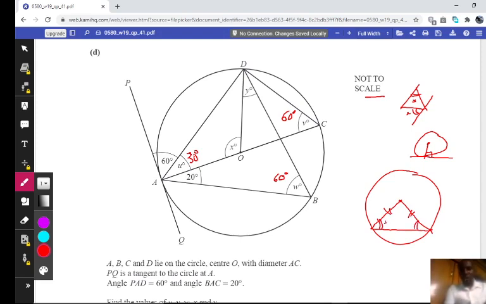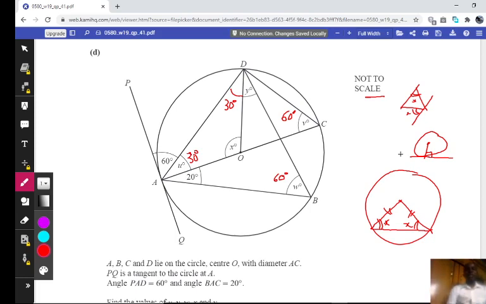They are equal. If this angle is 30 degrees, this one is also 30 degrees. Based on the concept of base angles of an isosceles triangle, they are equal.